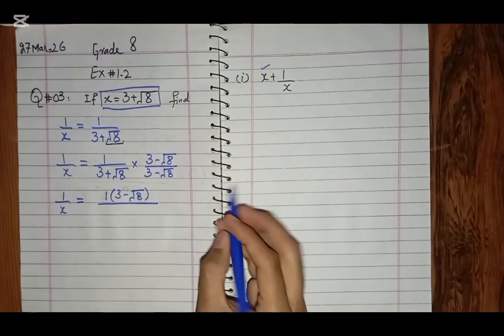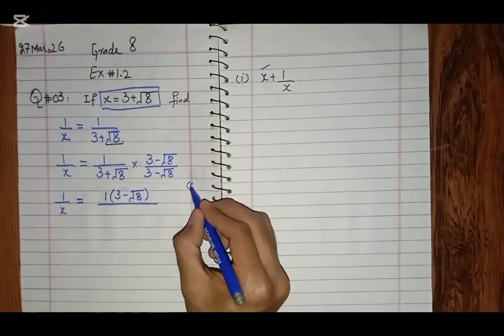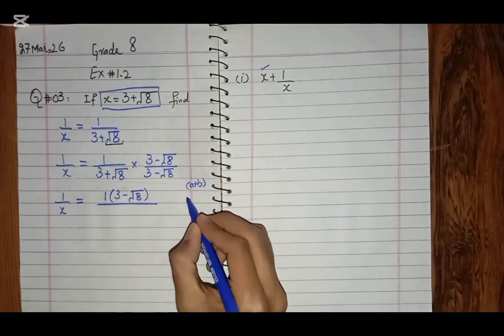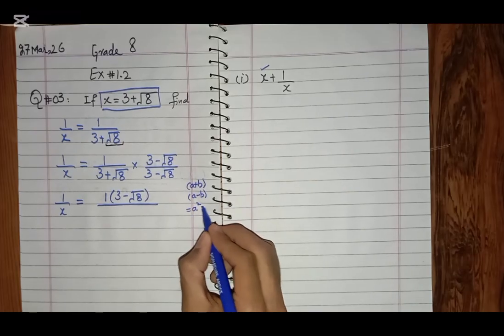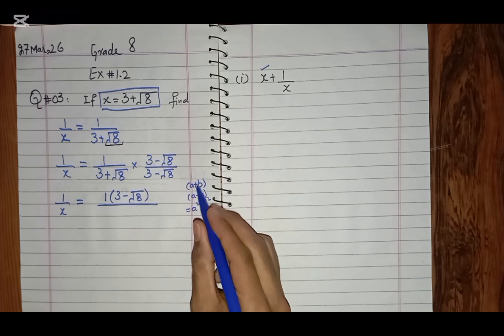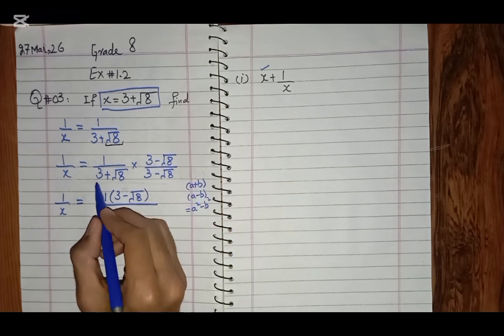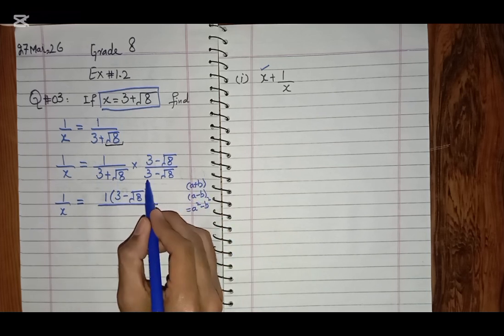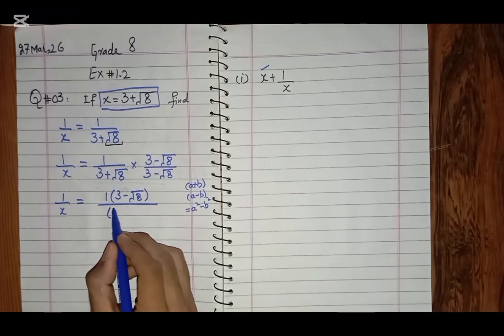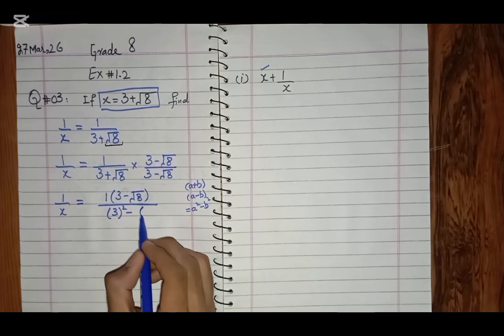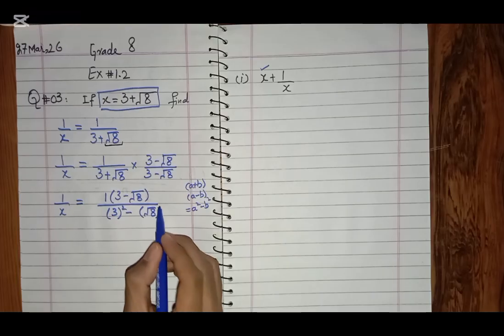In the denominator you know the formula, if a plus b and a minus b are both multiplied, then we can say that a square minus b square is equal to this. We simply see that this is a plus b and this is a minus b, this is over a and this is over b. You write 3 square minus square root 8 square.